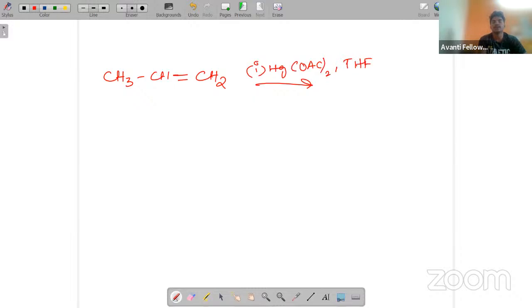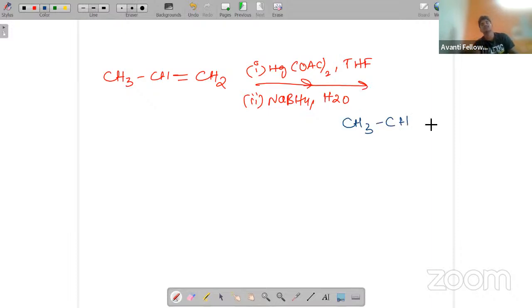Okay, so let's say the best example: CH3, CH, double bond CH2, and if you are using first HgOAc twice, H2O, and NaBH4, H2O, so this is the OMDM process. Then it will become CH3 CH, OH, CH3.